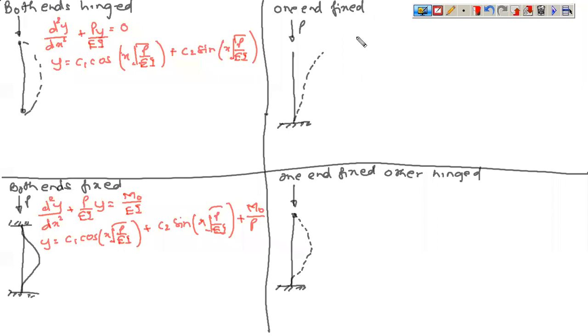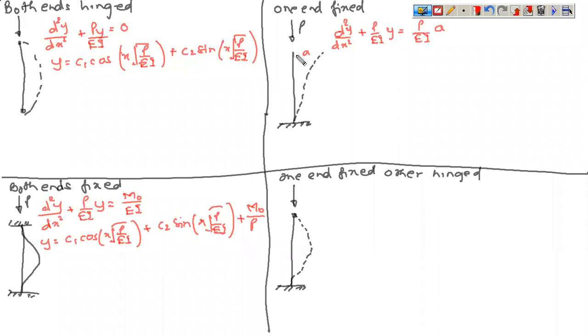Coming to the third one, one end fixed and the other free. So here the equation was d2y by dx2 plus P upon EI into y is equal to P upon EI into a.